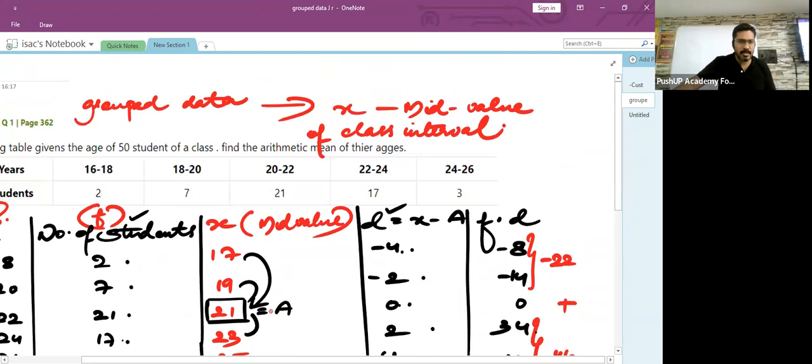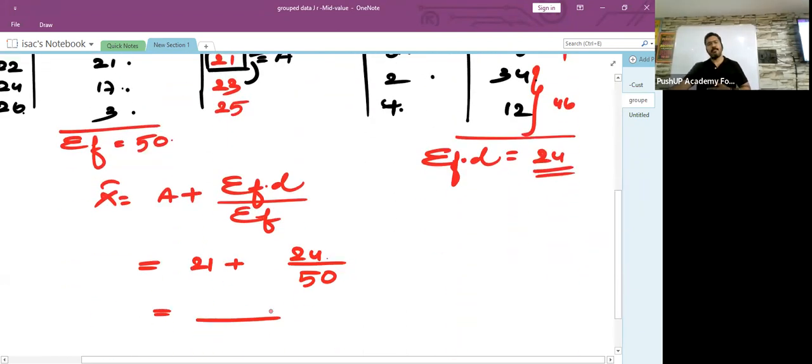Have they mentioned it? No. One decimal place. Just round it off to one decimal place. How much is it? 21.5.